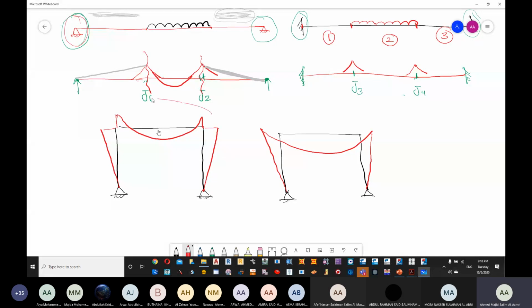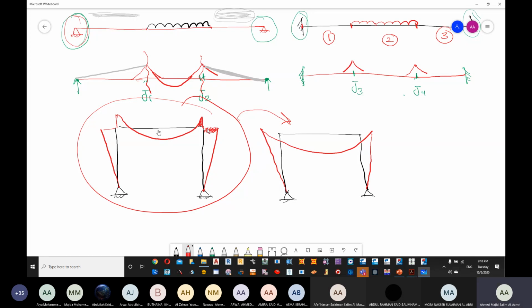So drawing it in this way or in this way, both of them are fine. The value of this bending moment is going to equal the value of this bending moment. Okay, can we go for the second one now?